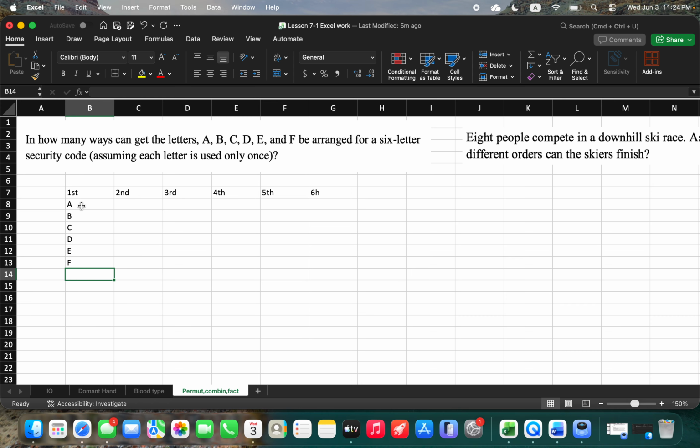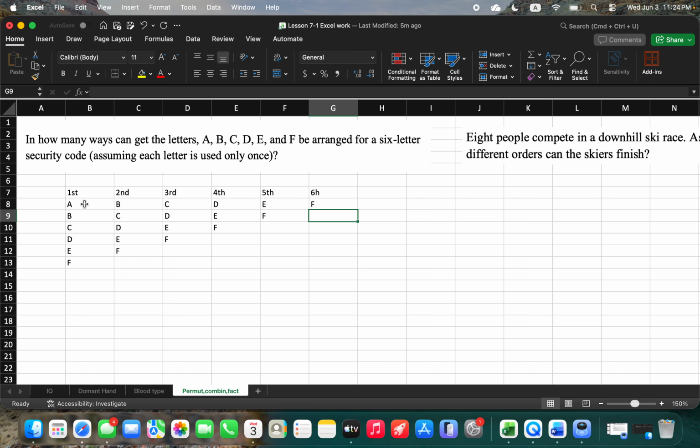You choose A here, then second digit you can only choose B, C, D, E, or F. Okay, and now then third become maybe C, D, E, and F. Now fourth only D, E, and F. Fifth becomes E and F. Then now sixth become F like that.